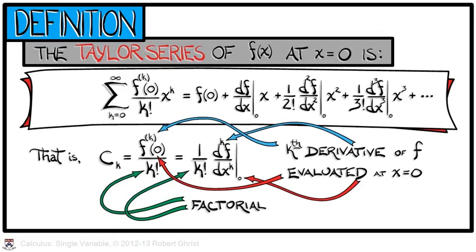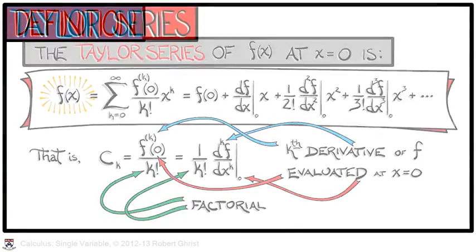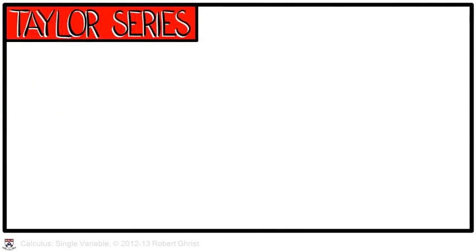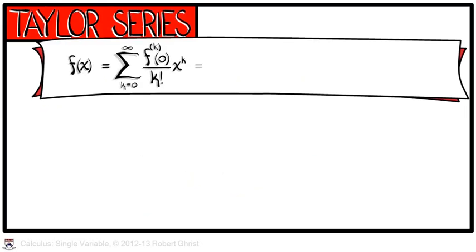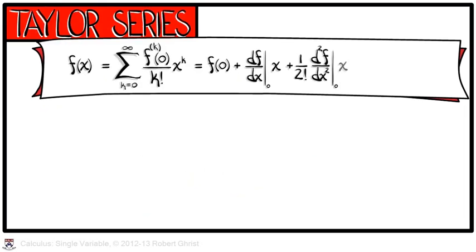This is a most important definition. And for all intents and purposes, at this point in the course, remarkably, this series returns the value of f at x. Let's see how this plays out in an example that we already know.